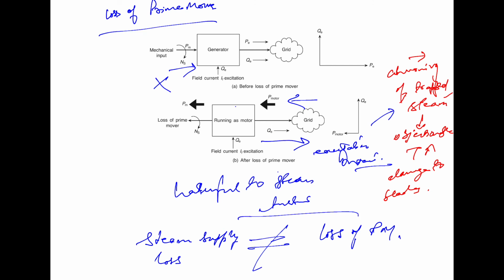So when the prime mover is lost, the generator starts drawing real power from the grid, supplying reactive power to the grid. The real power drawn from the grid is quite small compared with the generator rating, and the generator draws real power which is just enough to meet the losses and the load put on it by the turbine.